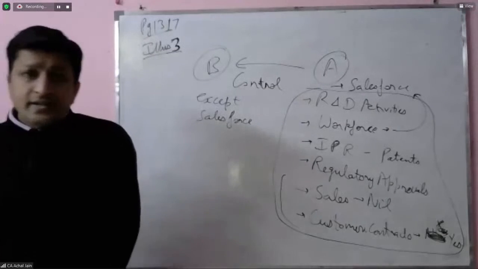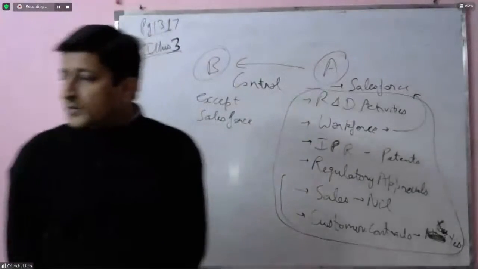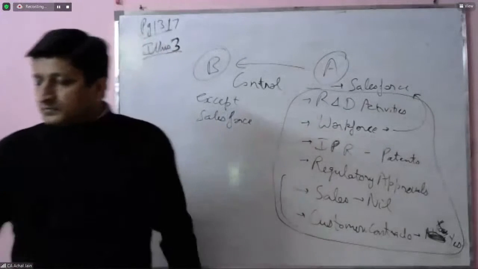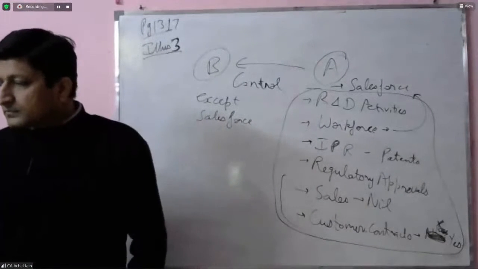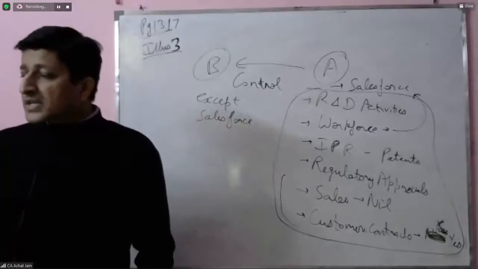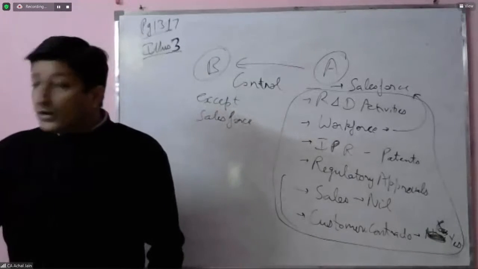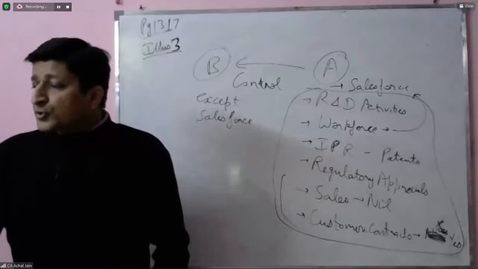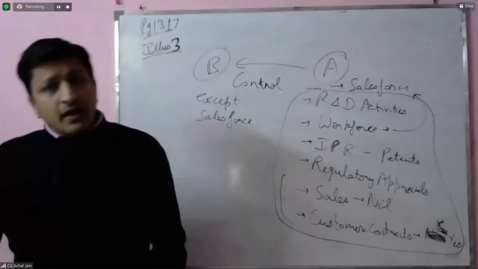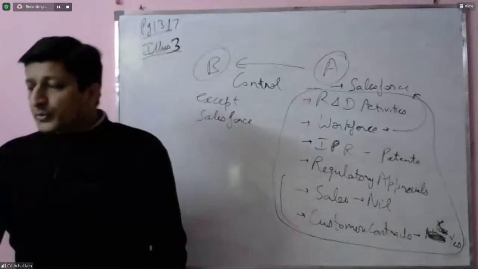Ambika is saying, yes sir, it will be a business. Okay, what about others? Kaustav is saying, yes sir, it will still be a business because Salesforce is just one component of input which has not been acquired. All other components of input are acquired along with all the processes.